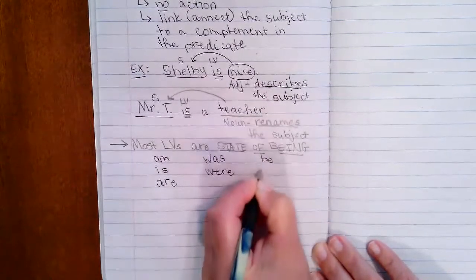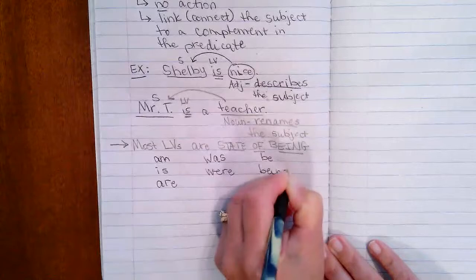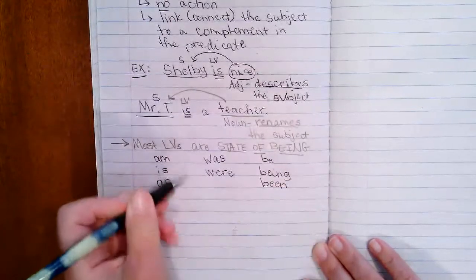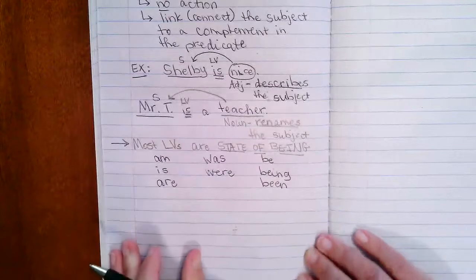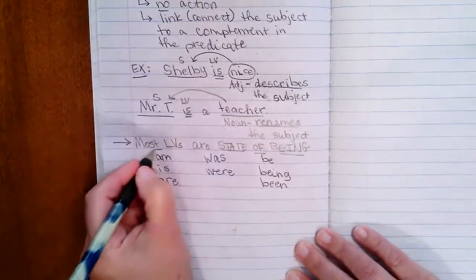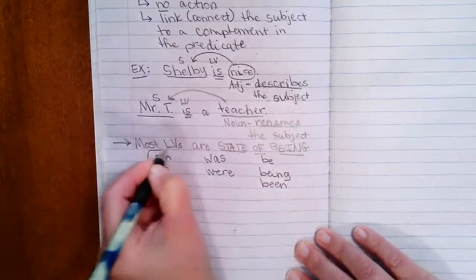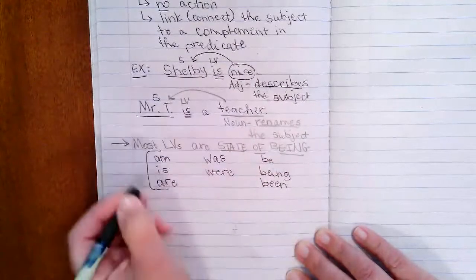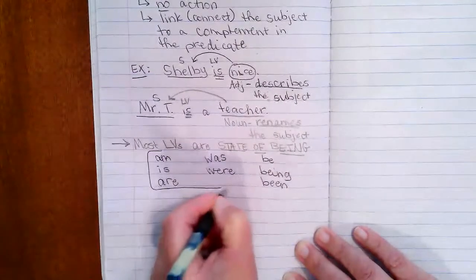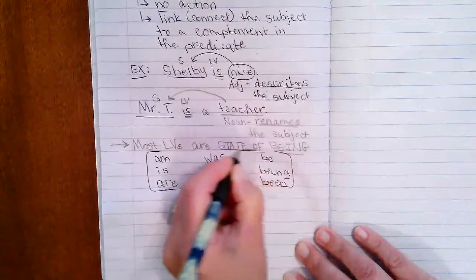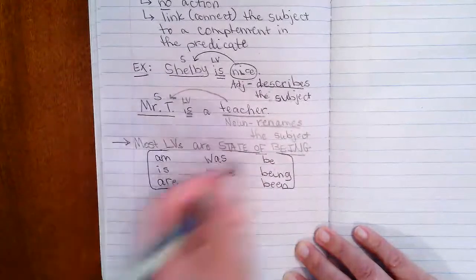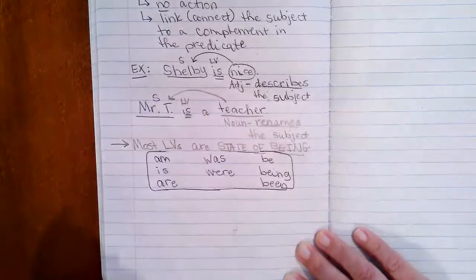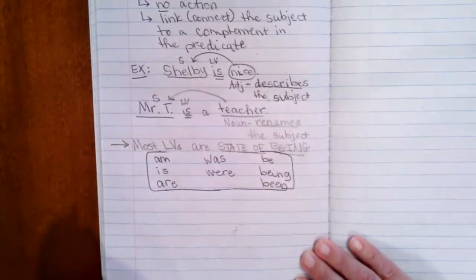Be, being, and what's left? Been. That's right. Okay. Am, is, are, was and were, be, being, and been. Most of the time when we see a linking verb, boys and girls, it's going to be one of these words. All right. So these are words that you already know. So that is fantastic. That you already know the most commonly used linking verbs.